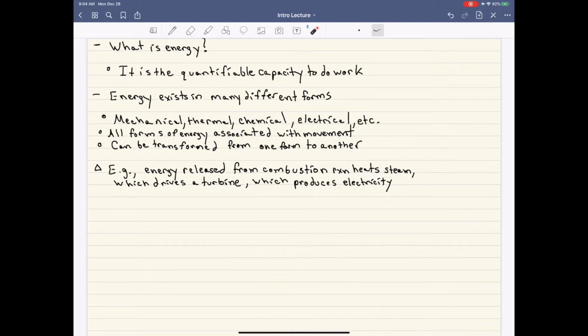The fact that energy can move from one form to another is not only important in the context of a combustion reaction, but it's also critical if we're trying to develop technologies, for instance, to convert solar energy into electricity, or even a moving river into electricity that we could use in our lives. So energy is an important thing.